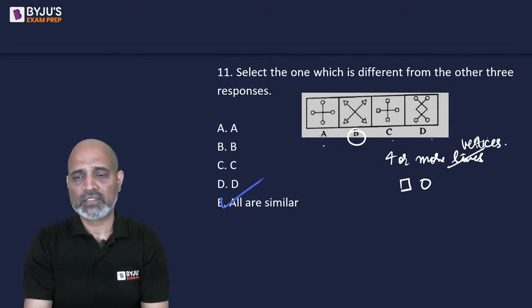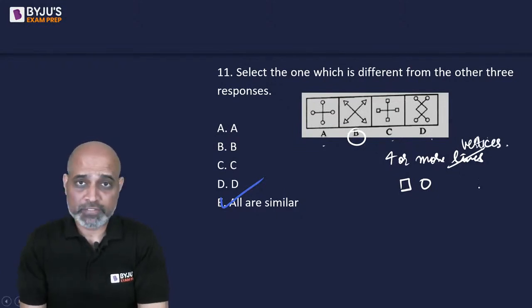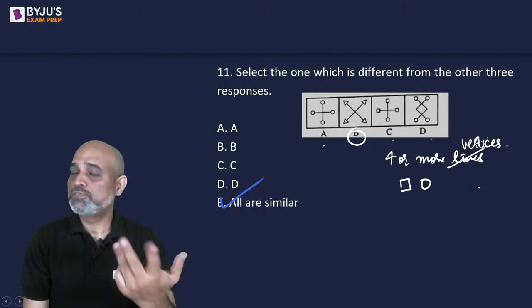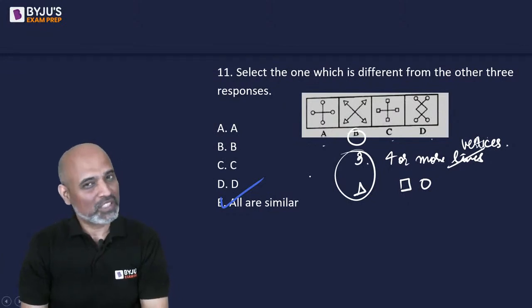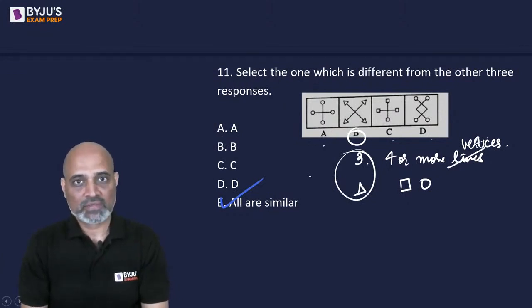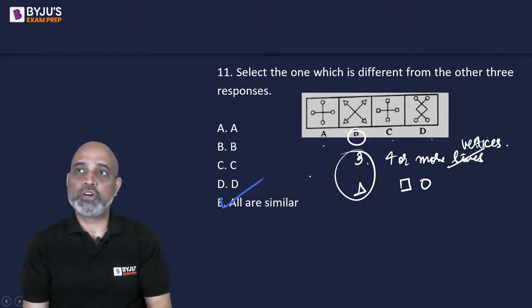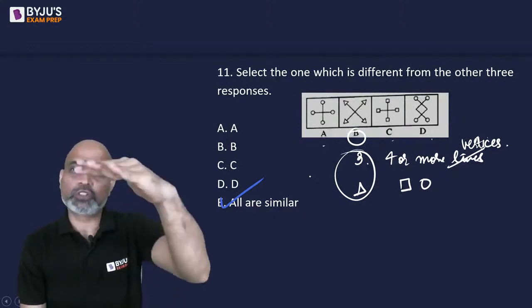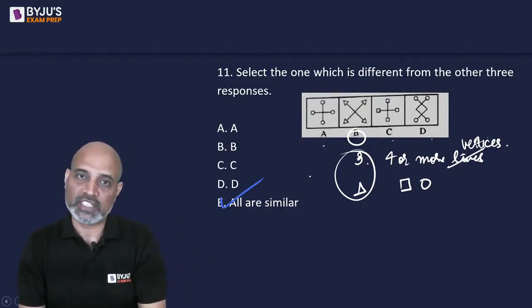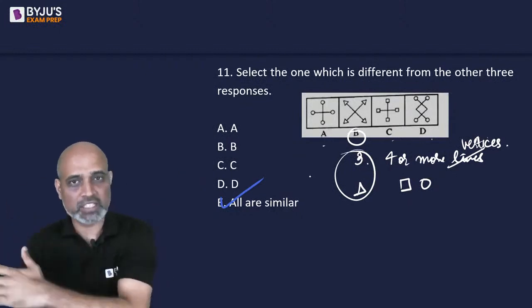That will be better because a circle has infinite vertices, right? A square has 4 vertices, जबकि triangle 3 का है, so ये odd one out हो गया। ये बहुत गलत logic है, right? So the logic should be more about symmetry. It should be more about counting of segments if the segments had been just horizontal segments or simply vertical segments.